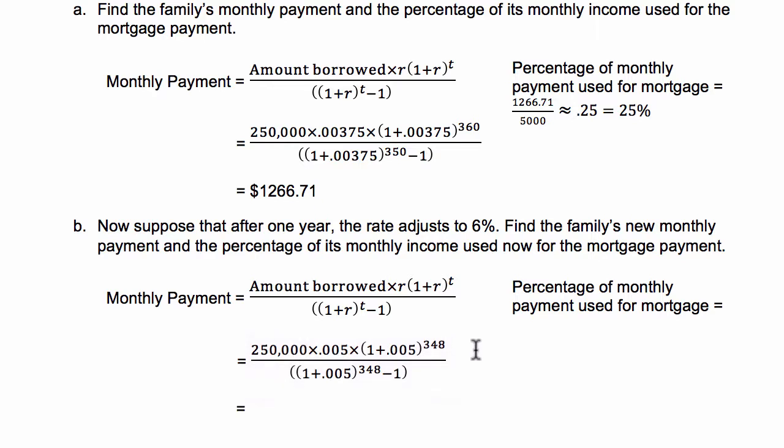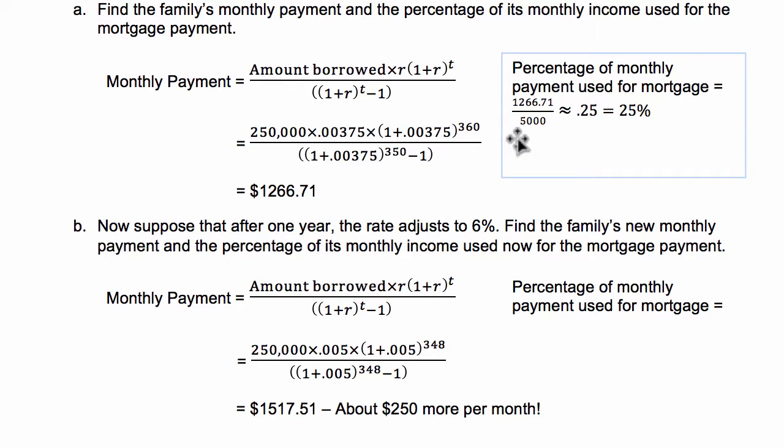After inputting this into my calculator, I got the monthly payment to be around $1,517.51. This is about $250 more per month. Note that although our monthly payment went up, our monthly income remained the same.